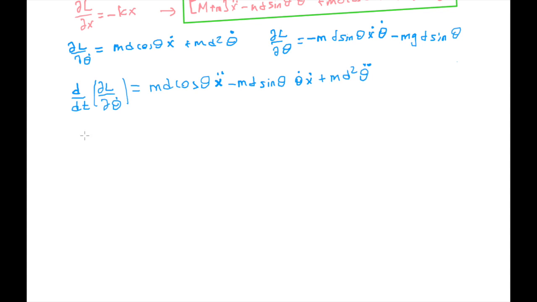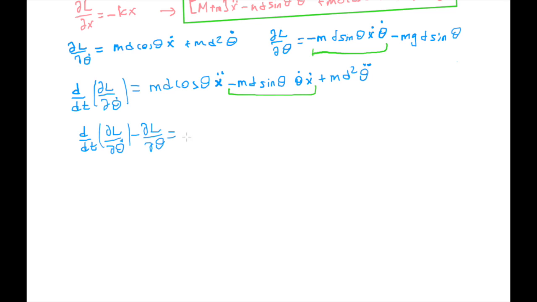So then I will have d by dt partial L partial theta dot minus partial L partial theta equals, so I should subtract here. But look at this while I'm subtracting: the first term will cancel out with this term, so it's going to be a simpler equation.